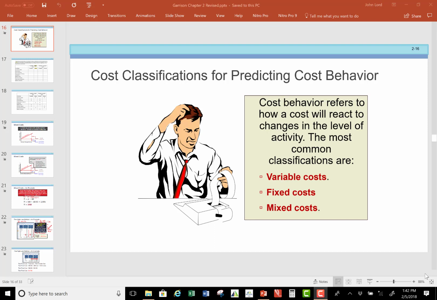A coupon most likely would be indirect. With coupons, we're under FASB rules.